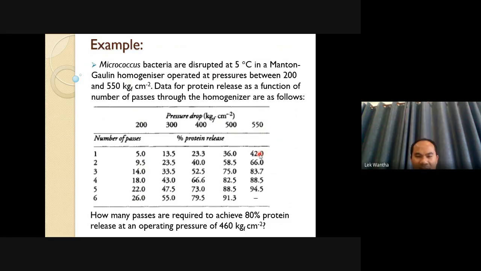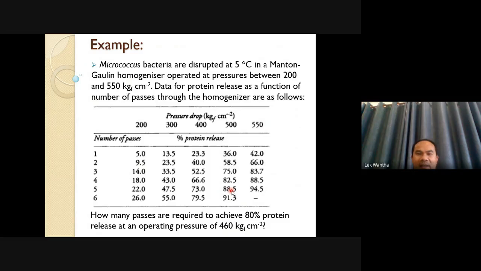The question is how many passes are required to achieve 80% protein released at an operating pressure of 460 kg per square centimeter. For the experimental data, we have no 80% and no such pressure, so it is hard to interpolate or extrapolate from the table.